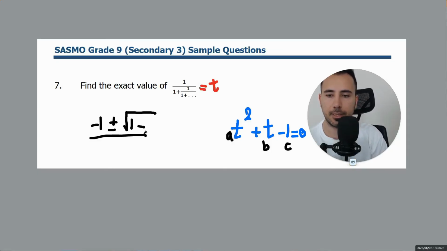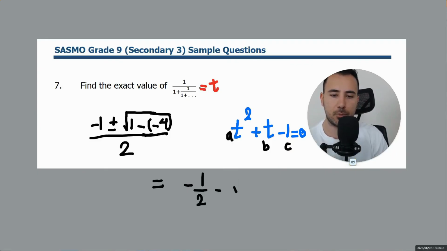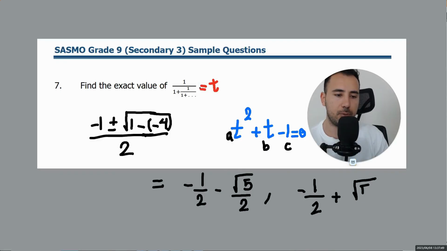So it's going to be negative 4, over 2. So the answer will be this one. It will be negative 1 over 2 minus square root of 5 over 2. The other one will be negative 1 over 2 plus square root of 5 over 2.